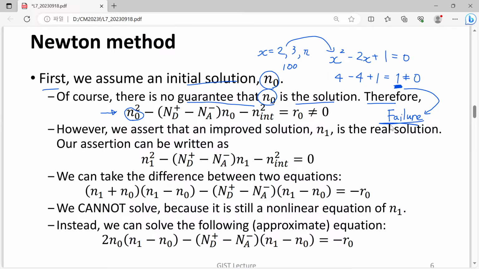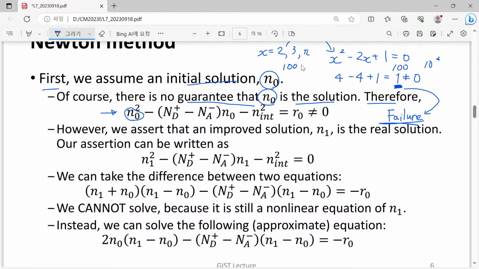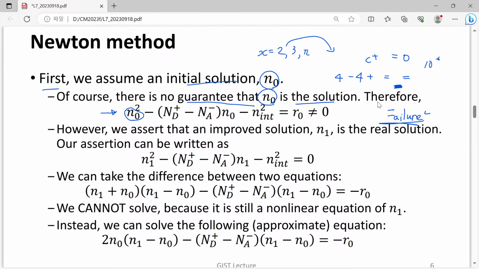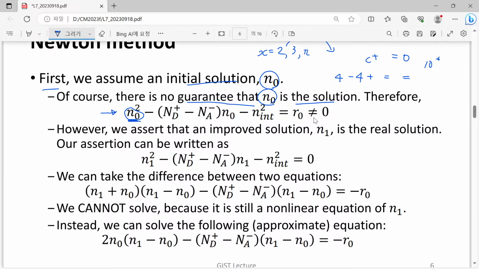And if this number is quite large, like 100 or 1000 or 1 million, then it means that your solution is far from the good solution.